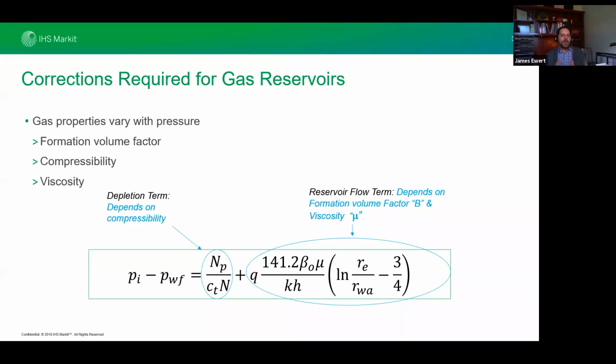So first and foremost, when we're dealing with those original equations that we talked about for rate transient analysis, if we want to deal with gas, I always think when I'm analyzing a well, I think of oil as the parent, because oil is usually calm, it's slow moving. It does what it wants. It just kind of does its thing. Gas is volatile. So gas to me is the kid.